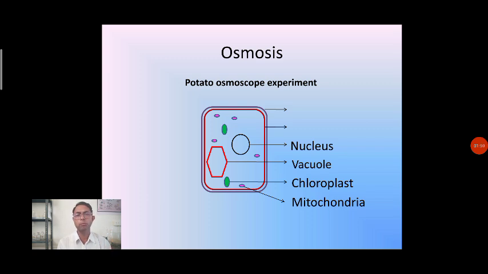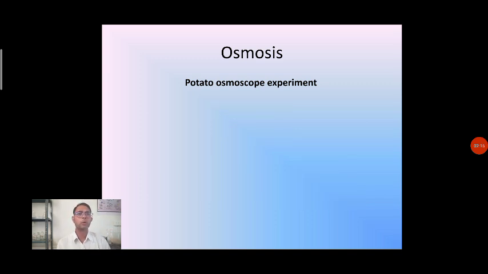Talking about the cell wall and cell membrane, these are the two most important components of osmosis, and of the two, the cell membrane is the most important parameter which plays an important role in osmosis.